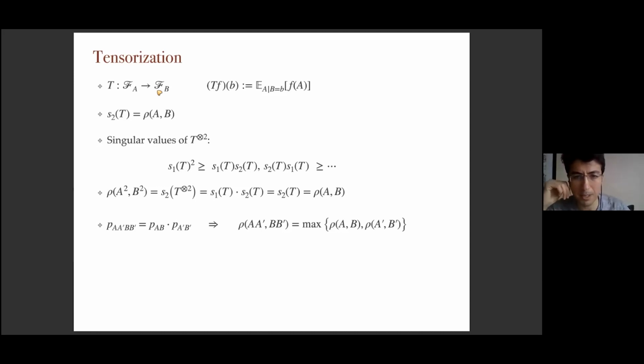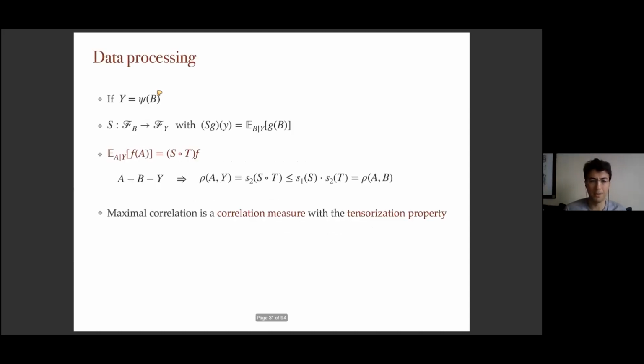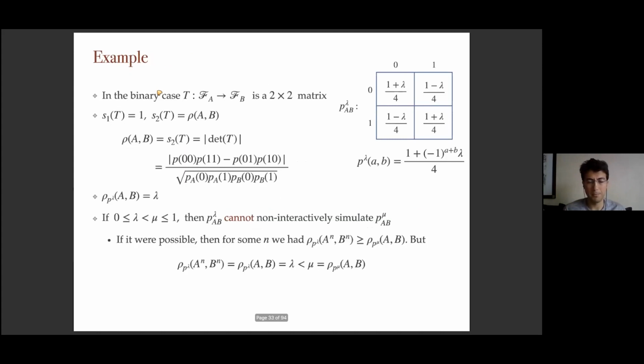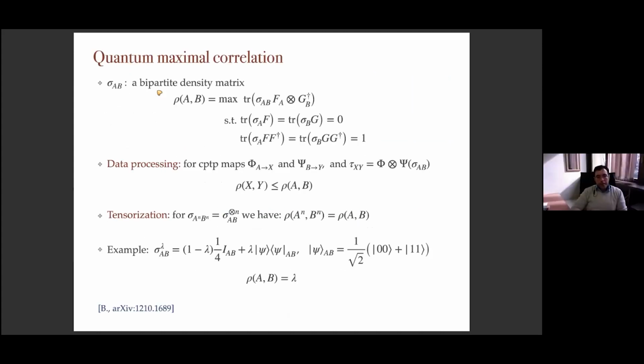Omar is asking, can the maximal quantum correlation also be interpreted as a second singular value? Yes, it is. So yeah, I skipped this thing about the quantum case. In the quantum case, there is an associated super operator corresponding to this joint density matrix. First of all, to define that super operator, you should first somehow normalize sigma, right?